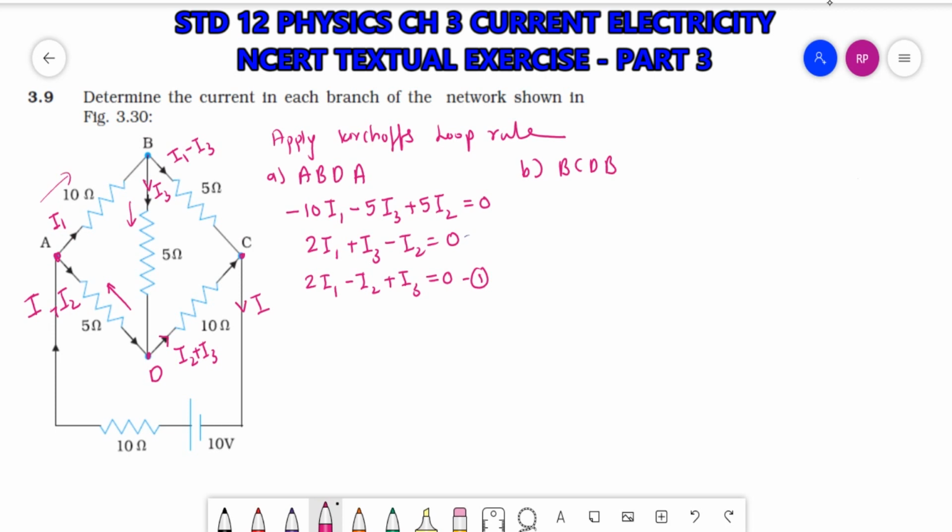Moving from B to C, my journey and the direction of current are the same, so minus IR, minus 5 (I1 minus I3). From C to D, now my journey and current direction are opposite, so plus IR, so plus 10, and current is I2 plus I3.